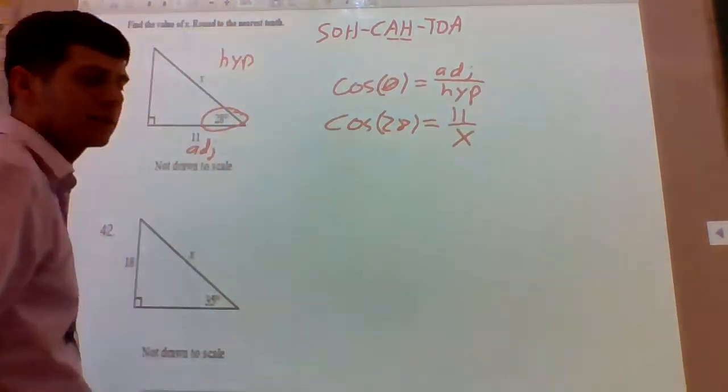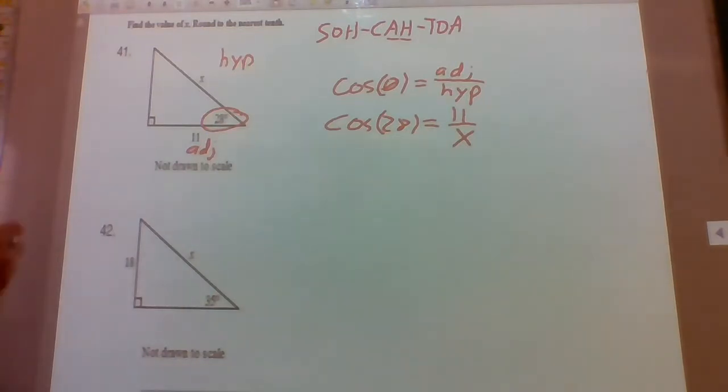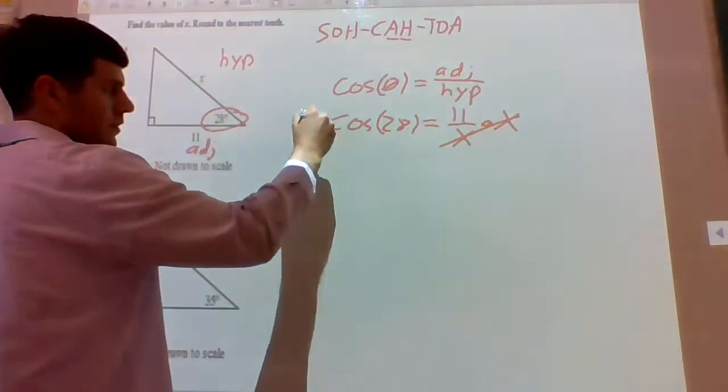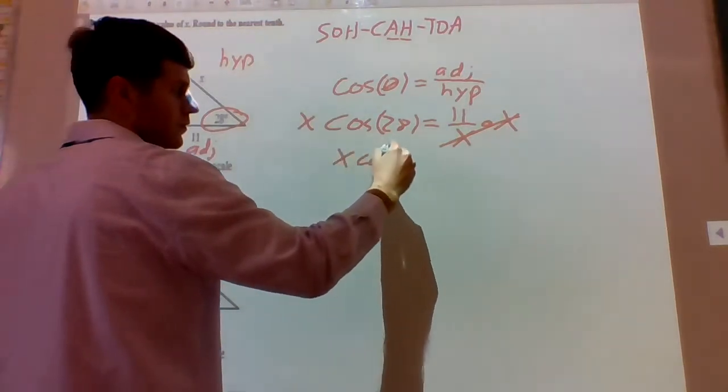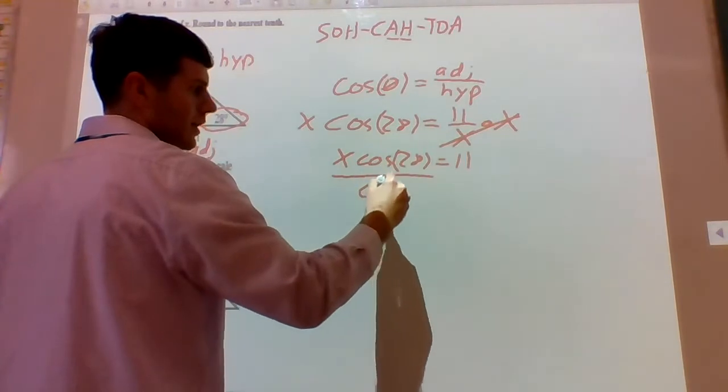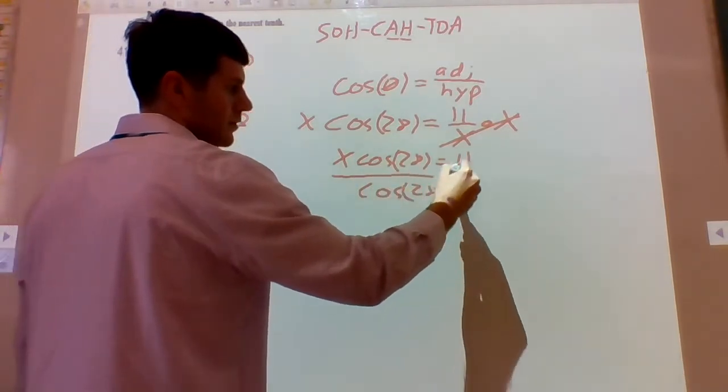We want to solve for x, so we've got to get it out of the denominator. We do that by multiplying both sides by x. We get x times the cosine of 28 equals 11. Then to get x by itself, we divide both sides by the cosine of 28.